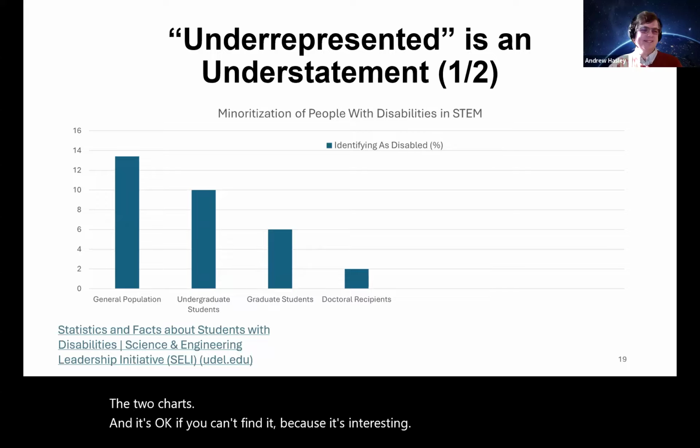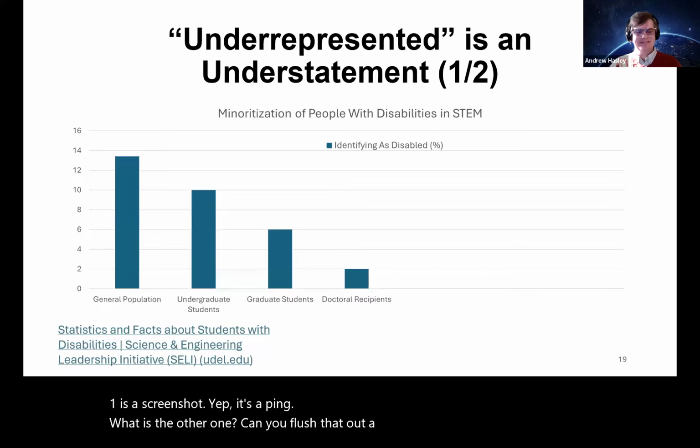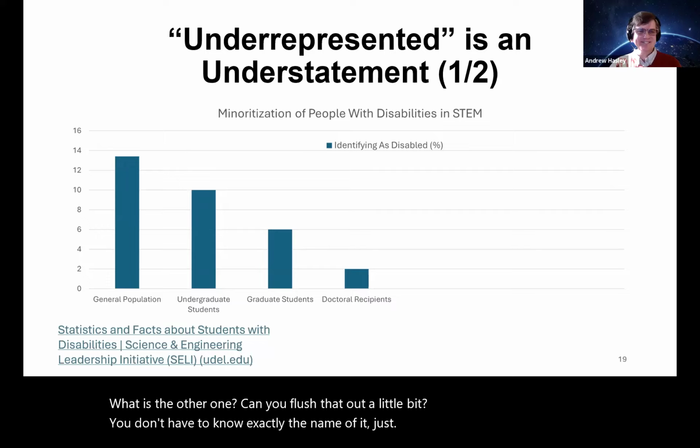So the reason that these are different, one is a screenshot. Yep, it's a ping. What is the other one? Can you flesh that out a little bit? You don't have to know exactly the name of it. Just how did I get it there?